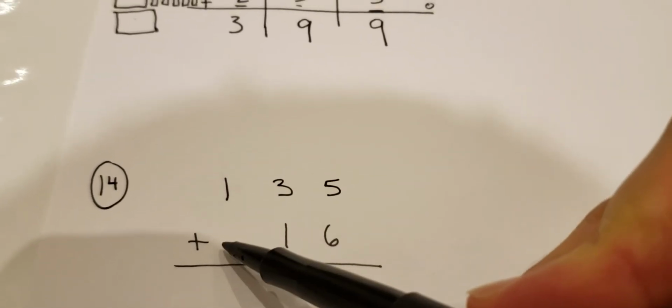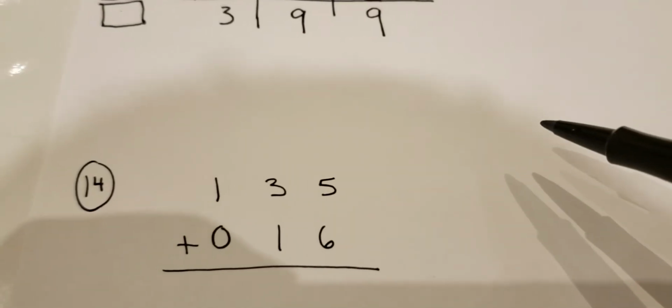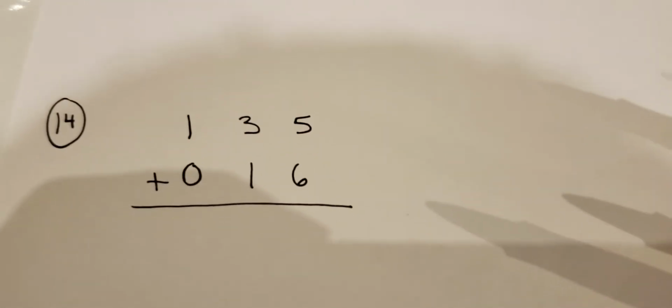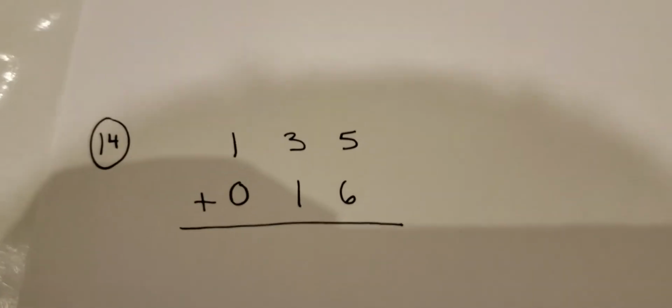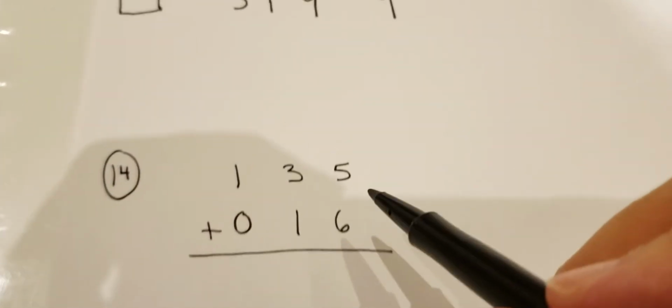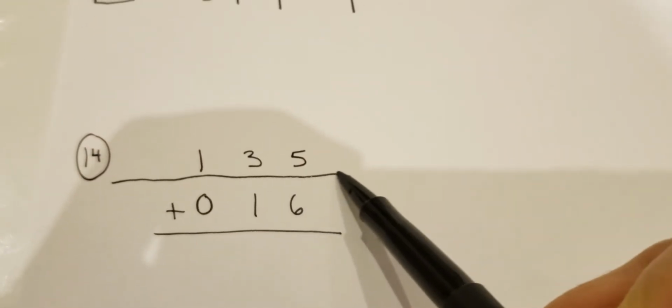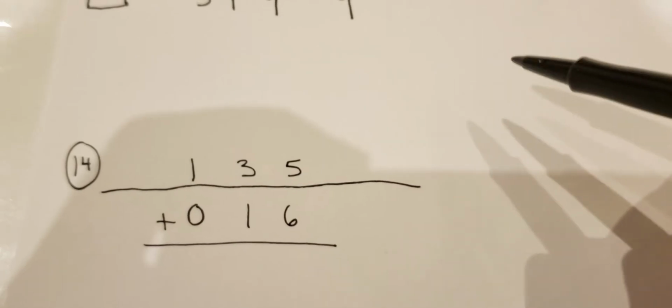So if it helps, where we see this blank here, you can write 0. That just means that we don't have any hundreds here, okay? All right, so this is how we can solve it without writing our HTO, hundreds, tens, ones, okay? So the same steps apply. If it helps, you can draw a line across to separate our base 10 drawings.